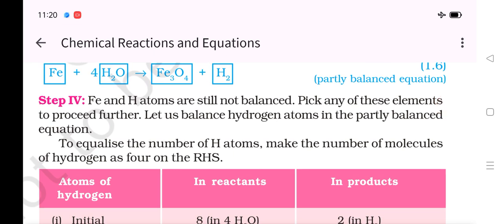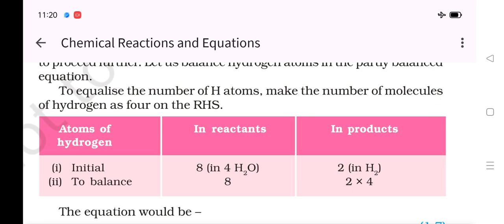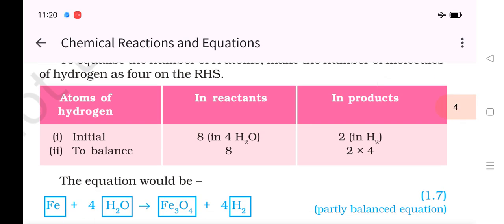Step 4: Fe and H atoms are still not balanced. Pick any of these elements to proceed further. Let us balance hydrogen atoms in the partly balanced equation. To equalize the number of H atoms, make the number of molecules of hydrogen 4 on the RHS. Atoms of hydrogen: initially 8 in 4H2O in the reactants, 2 in H2 in the product.